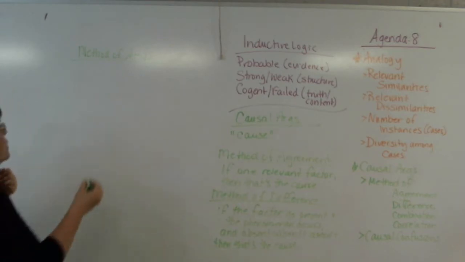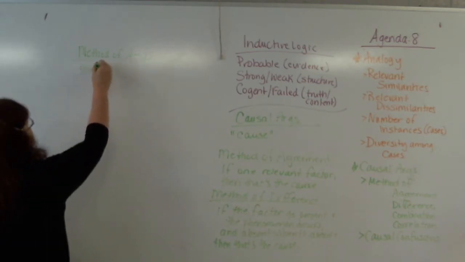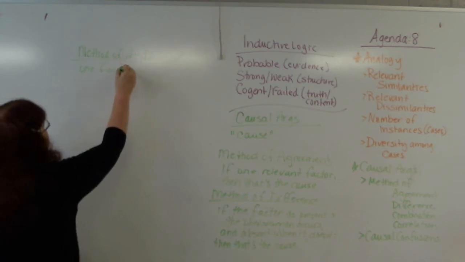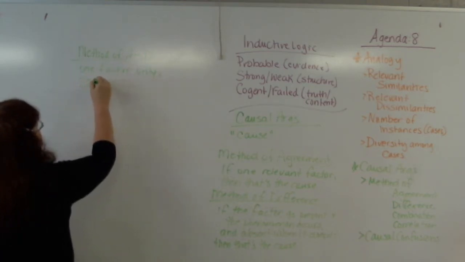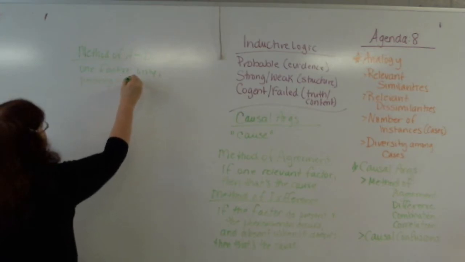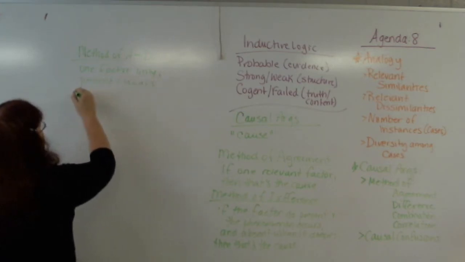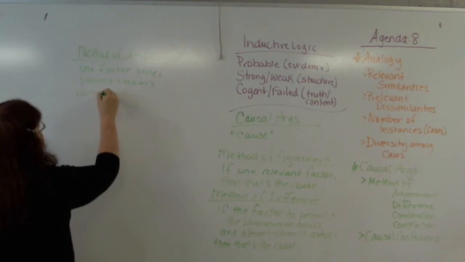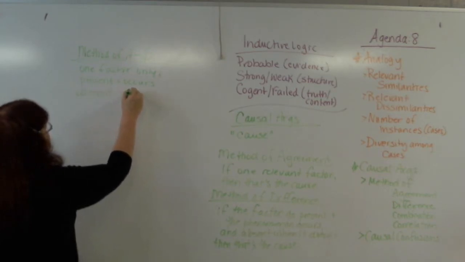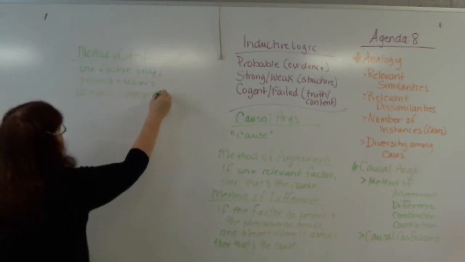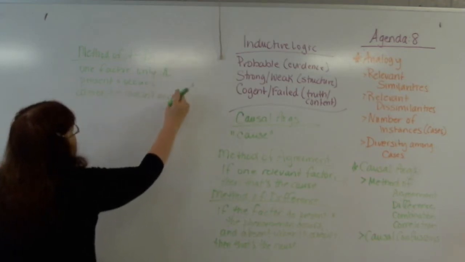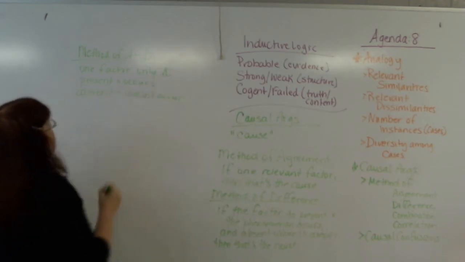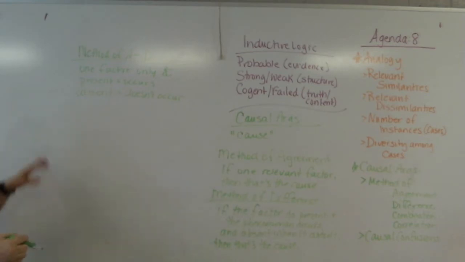So, one factor. Present means it occurs. Absent means it doesn't occur. This should be a big fat and. Put them together.